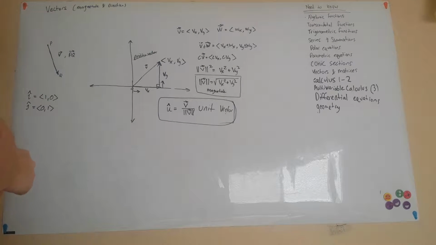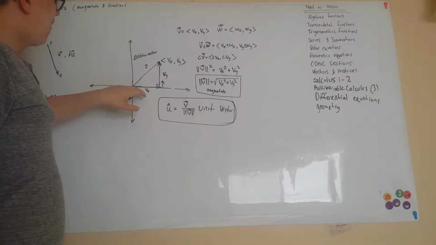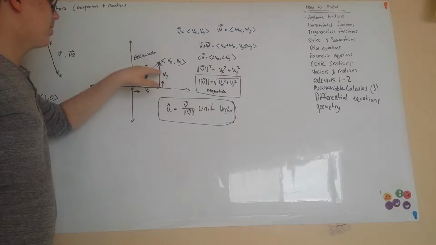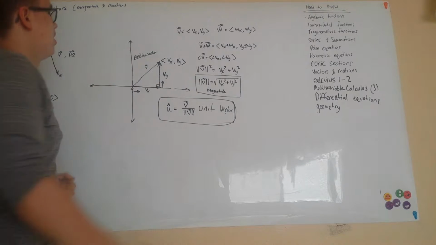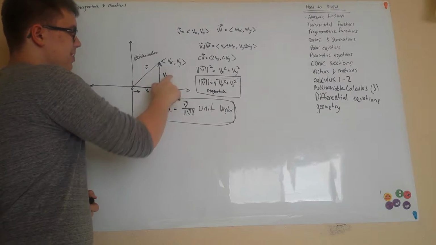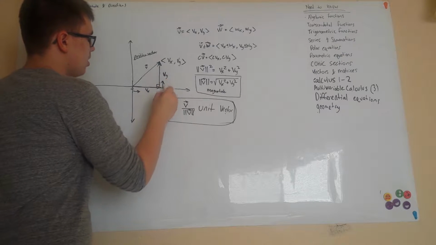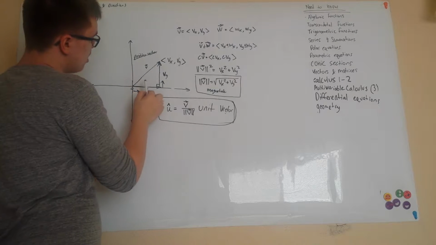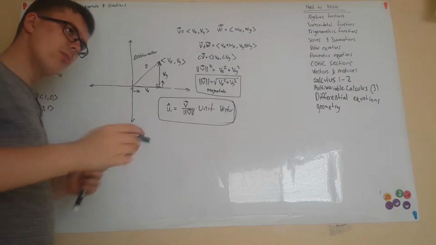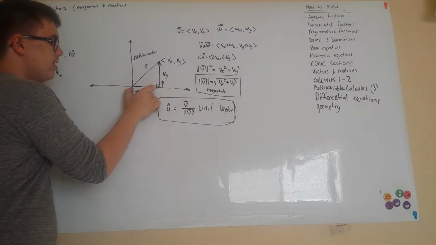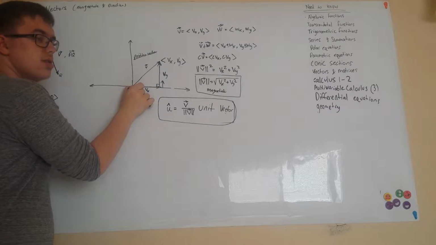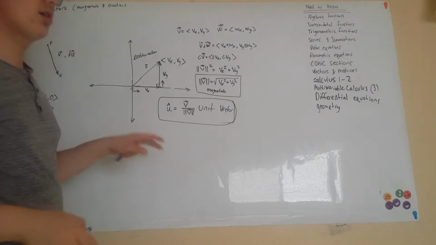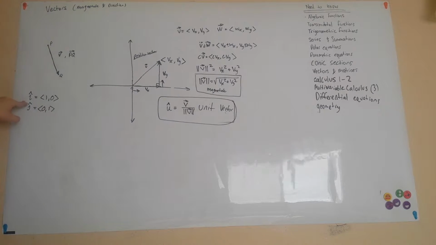But this is the length. See, this has no arrow on it. If I don't have the arrow, it's not a vector. This is just the length. But if we took this actual vector, the component, and we scaled it down to its unit vector, the x component at least, you get the standard unit vector i, and that's (1, 0).